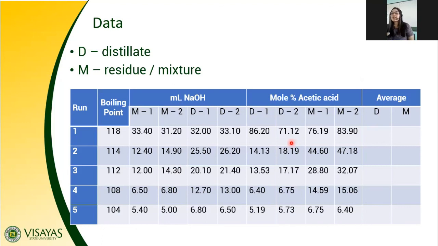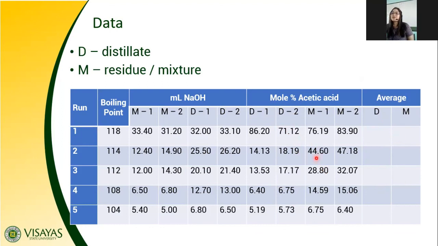Since the acetic acid has only one proton, it is easy to determine the mole percent of the acetic acid. So this one here is the mole percent of the acetic acid. I didn't provide you the average, so you get the average for the distillate and the residue.